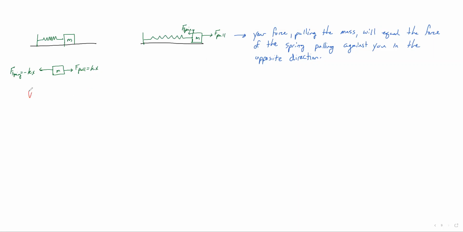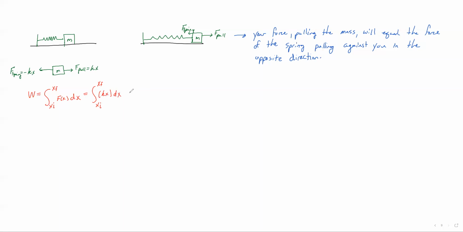What we're going to do is the work is going to equal the integral from xi to xf of F of x dx. So let's plug in what my force is. It's kx, right? The integral from xi to xf of kx dx.